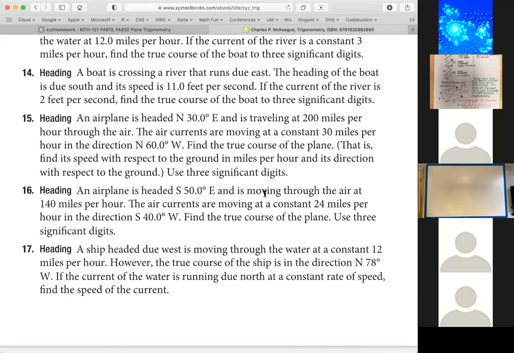The air currents, though, are moving at a constant speed of 30 miles per hour in the direction north 60 degrees west. Now the wind's going to blow the plane slightly off course, for which the pilots compensate. So what would be the true course of the plane in this case? Find its speed relative to the ground in miles per hour and find its direction relative to the ground, and use 3 significant digits.